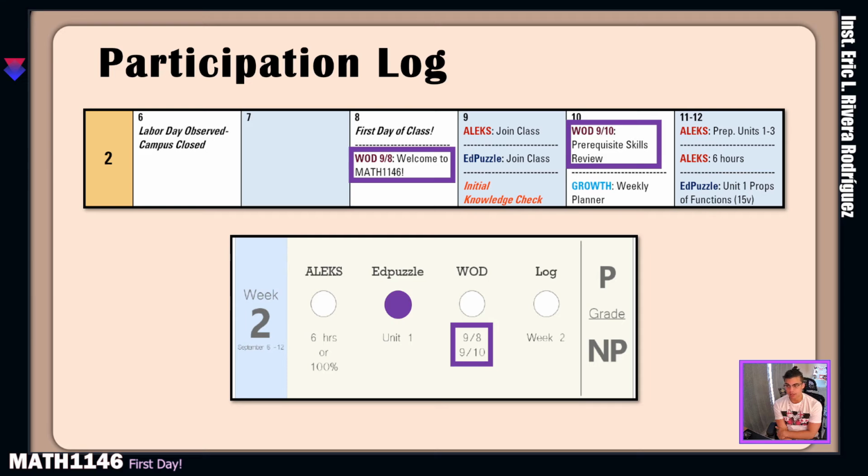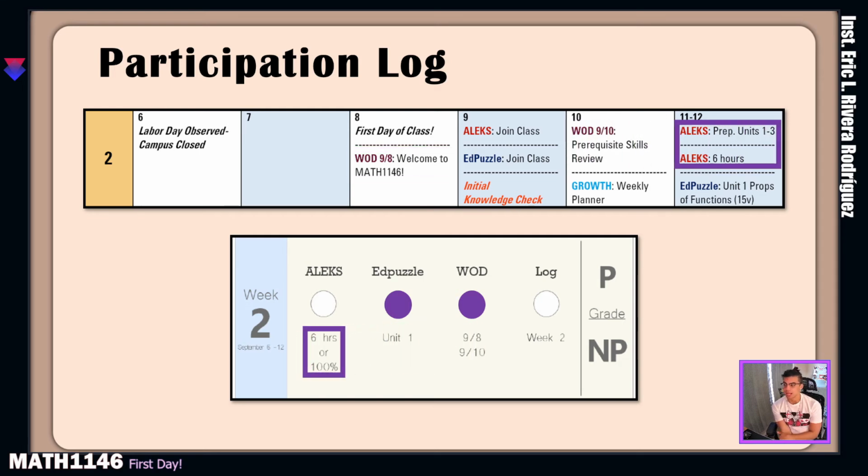One on the 8th, today, and one on the 10th. 9/8 means that the worksheet of the day is due September 8th. 9/10 means that the worksheet of the day is due September 10th. If you complete those worksheets of the day, submit them on time, and follow the format, you are going to complete the participation requirement.